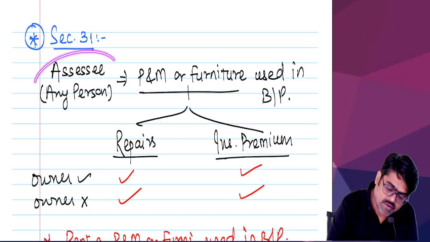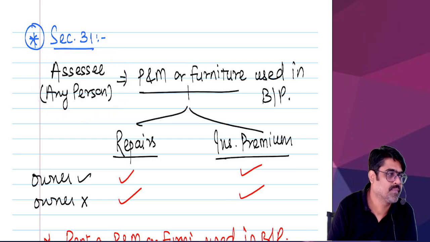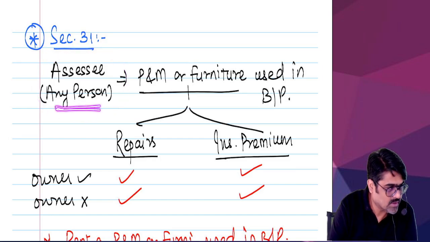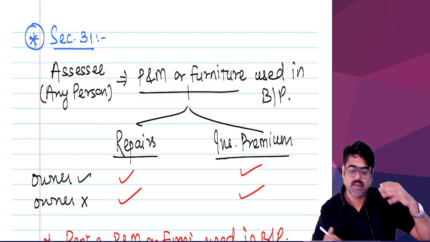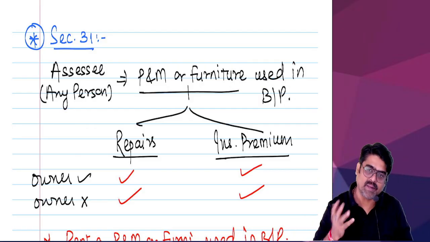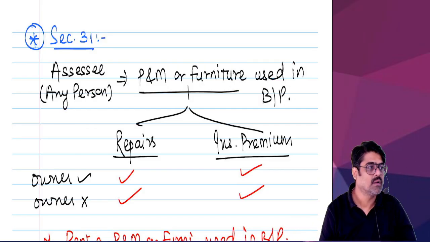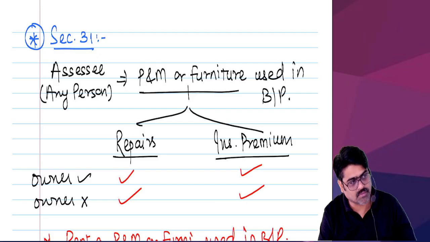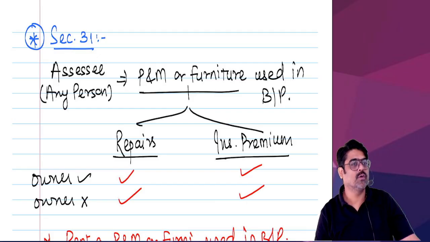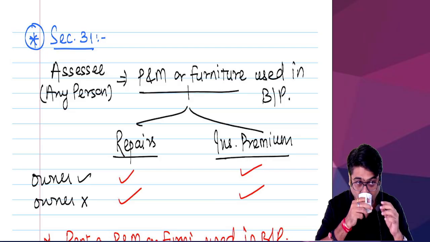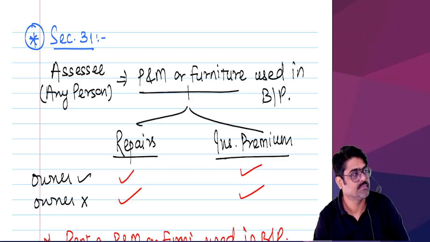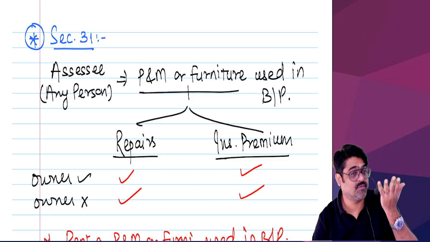Now, if you are an assessee, you can be any person, yes or no? In your business or profession, can you use plant and machinery and furniture? Is it necessary that you will always use premises only? In the business, only the premises will be used, or you can use plant and machinery and furniture also. Give me some example. Example is in front of you only.